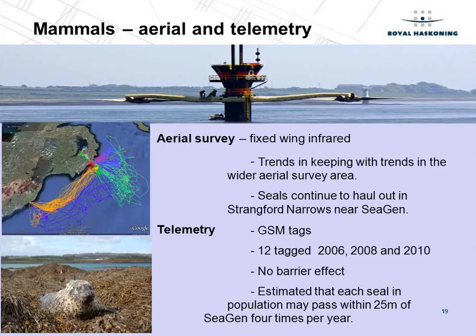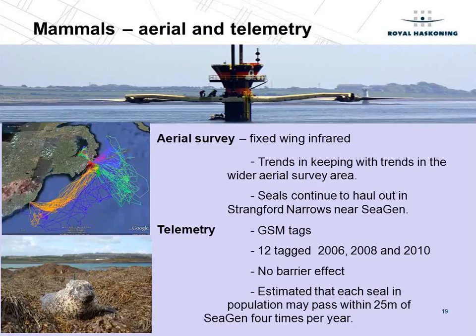Okay, the telemetry data and also the aerial data, fixed wing surveys of both Strangford Loch and the wider surrounding area of Northern Ireland. There are trends showing a decline in common seals across Northern Ireland, the UK and Europe. That trend is followed within Strangford Loch, but nothing specific to Strangford Loch.